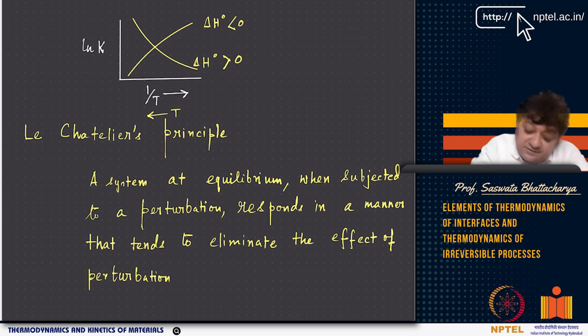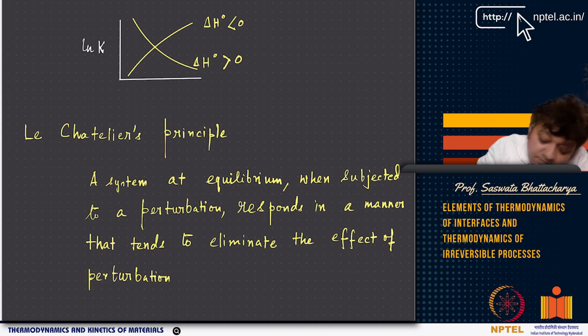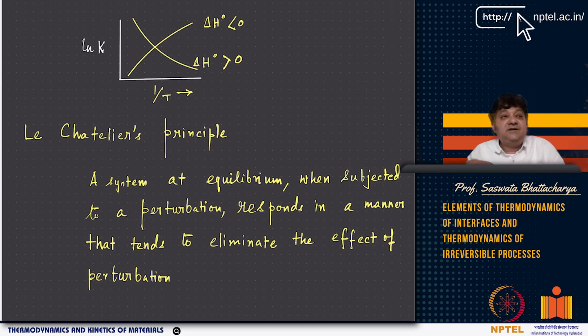This is where the fallacy should not come. If 1 by T has to be plotted here, as temperature increases, 1 by T decreases, correct?